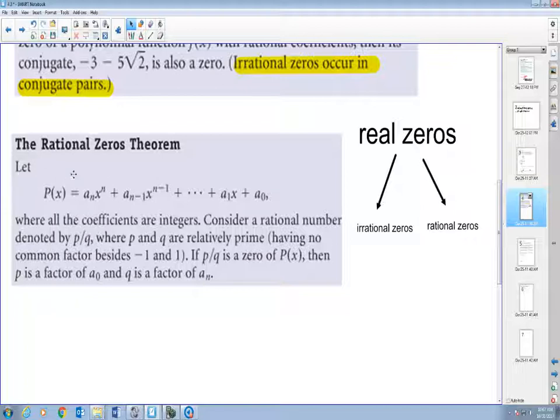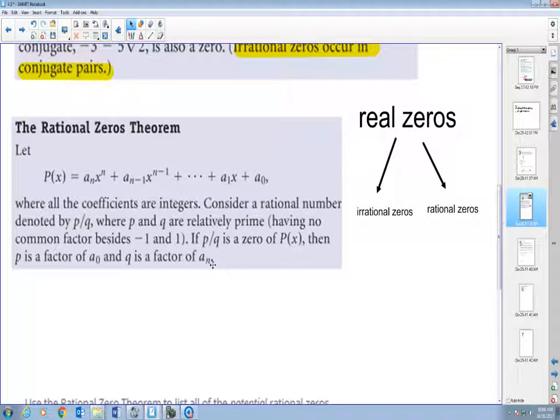So what the rational zero theorem says is this: let P of x be the polynomial function where all the coefficients are integers. Okay, gonna be integer coefficients. Now consider a rational number denoted by p over q, where p and q are relatively prime.